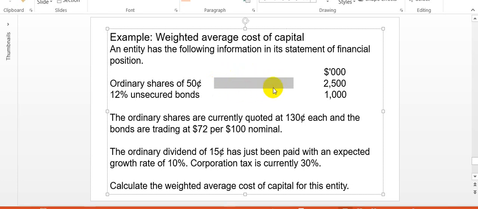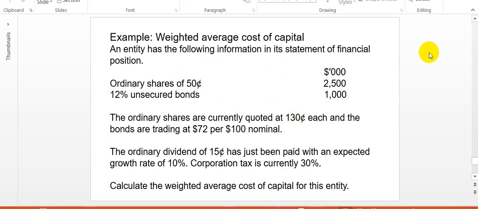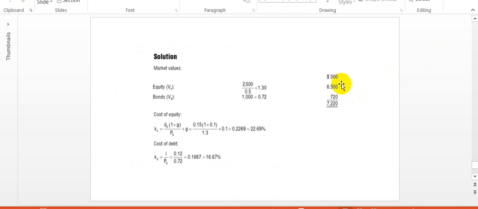You need this number of shares before you can convert to market values. So to get that, you divide 2.5 by 0.50 here, because it's in cents. That's when you multiply with the market value of 1.30 to give you the market value, which is 6.5 million.